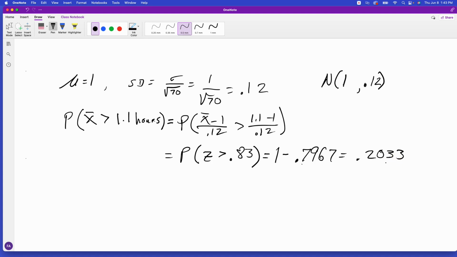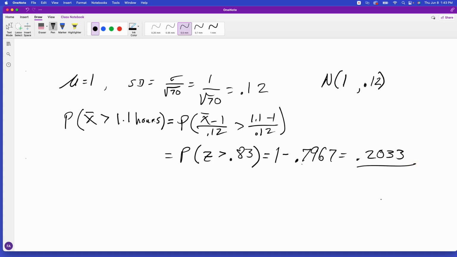So let's interpret this. What does this mean? When you're talking about scheduling 1.1 hours, what's the likelihood that any given maintenance work is going to take more than 1.1 hours? The probability of that occurring is 20%.